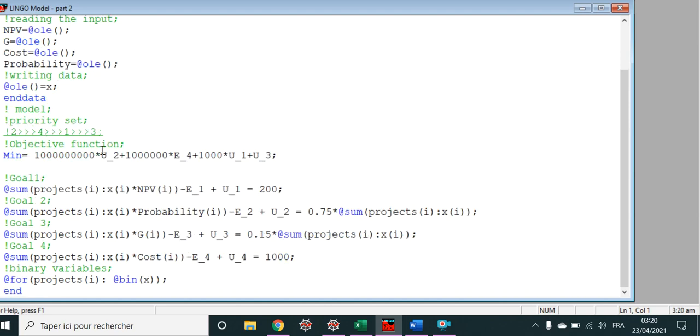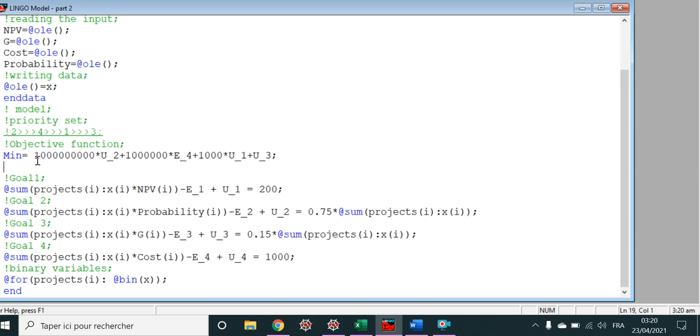However, for the objective function, instead of minimizing the deviation variables one at a time according to priority, we're just going to put weights for the deviation variables, since goal 2 is much more important than goal 4, and 4 is much more important than 1, and 1 is much more important than 3.